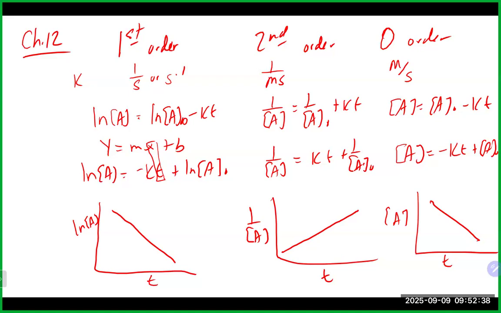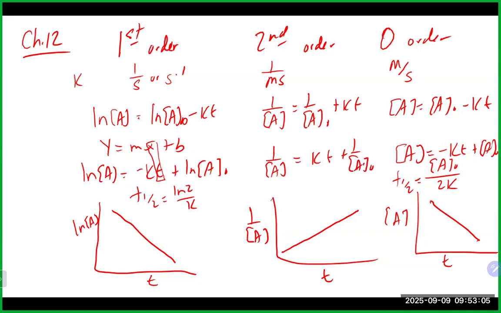Now, we do have some half-life formulas that go with this. The half-life is the time it takes for half of whatever you start with to go away. For first order, it's the natural log of 2, which is 0.693, divided by k. For zero order, the initial concentration divided by 2k is the half-life.